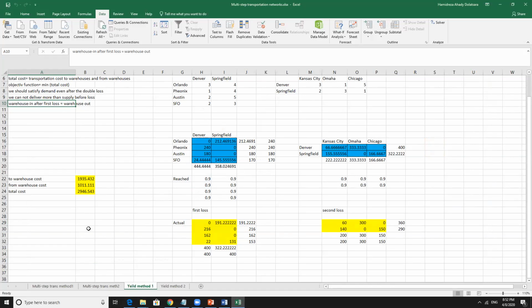You see the huge increase because, first of all, I need to produce more. Second, because of loss, I need to transfer more, since I know that 10% of them would be lost, so I have more transportation costs too. So both the transportation cost and the production cost increase.